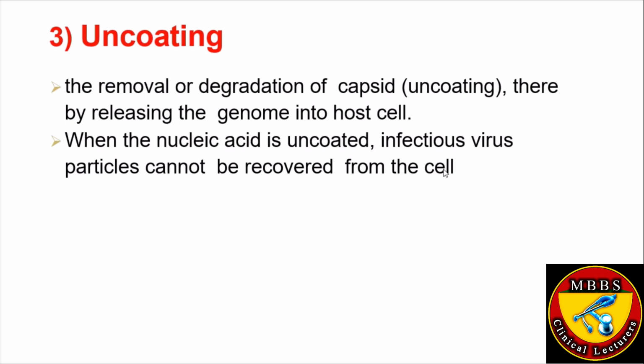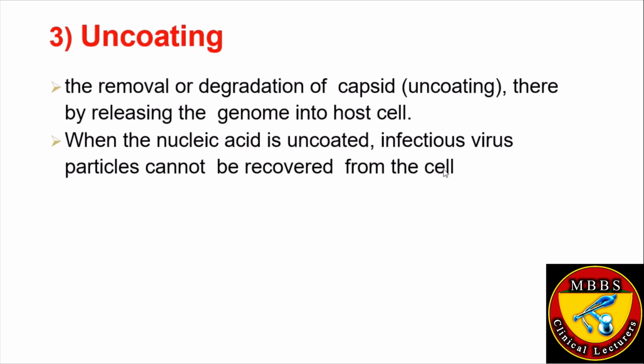So after uncoating, you cannot recover the infectious virus particles from the cell because they have no protein coat. Now only the genome is there, and this genome is individually independent, not infectious.